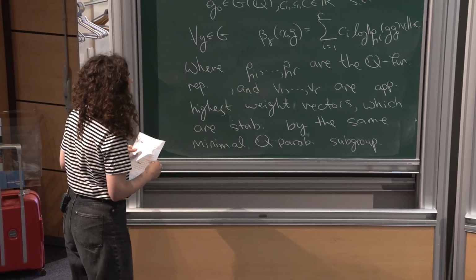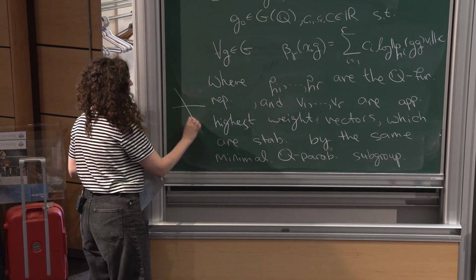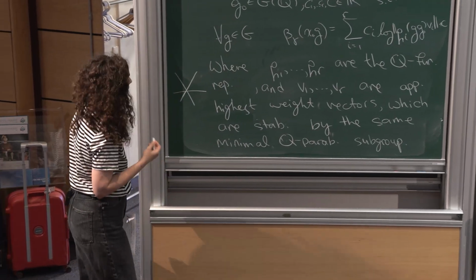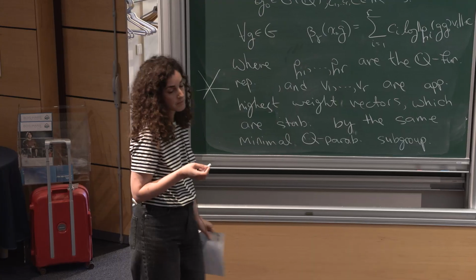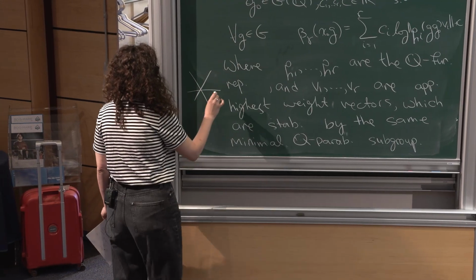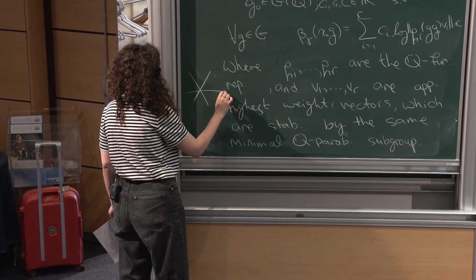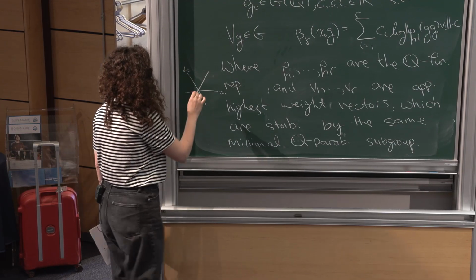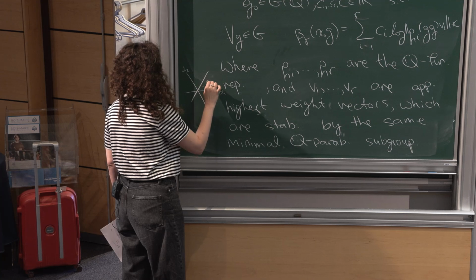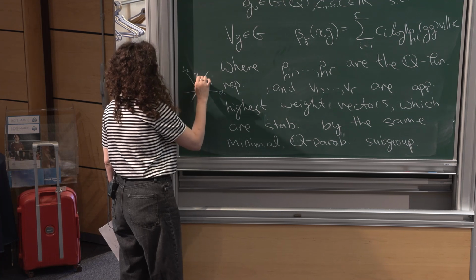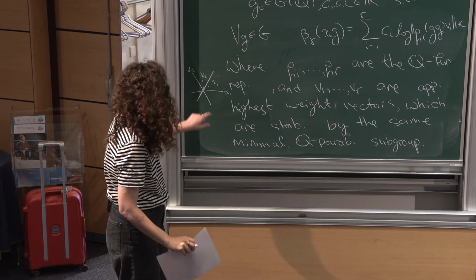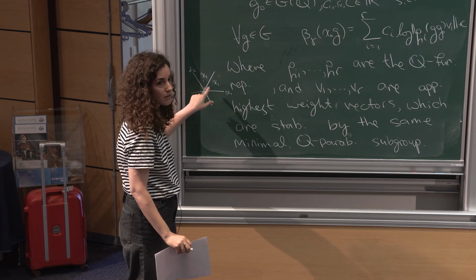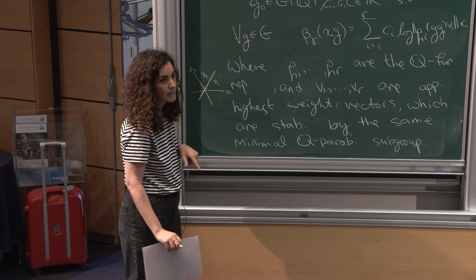Again, we have some root system of the rational structure of the maximal Q-split torus, say alpha 1 and alpha 2, and they will correspond to some xi 1 and xi 2, so that xi 1 is orthogonal to alpha 2, and xi 2 is orthogonal to alpha 1.